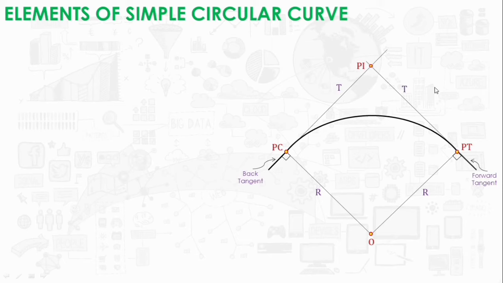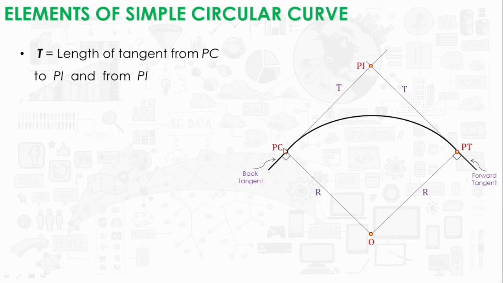T is the length of the tangent from the point of curvature to the point of intersection, and from the point of intersection to the point of tangency. So, from PC to PI is T, and from PI to PT is T. It is also known as the subtangent.